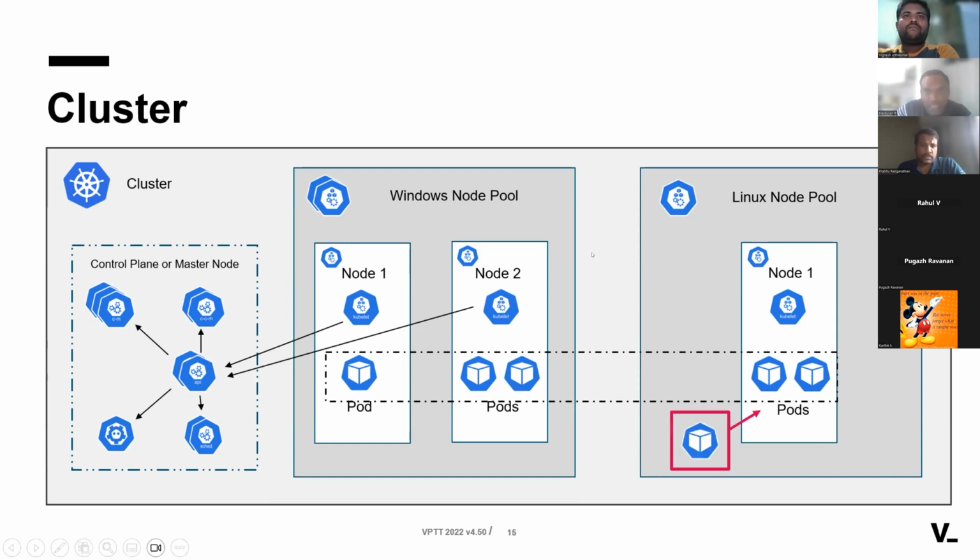So, for example, if we ask Kubernetes to deploy an additional pod on top of the existing nodes, this request will be handled by the master node. It will first check whether there are enough resources in the existing node.